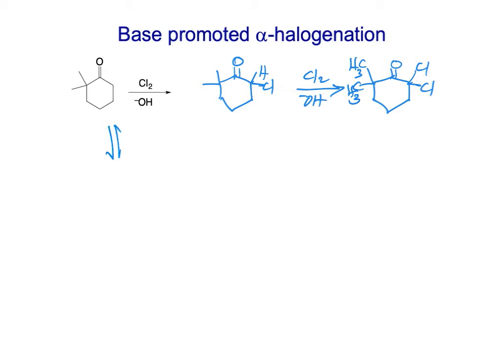So, under basic conditions, of course, we're going to go through an enolate anion as the intermediate. So hydroxide can remove an alpha proton, just push the electrons to that alpha carbon.